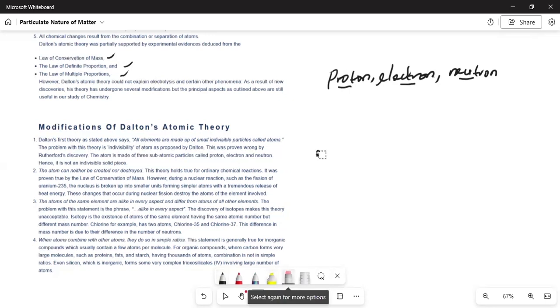When you come to nuclear reactions, that is not true. He also said that atoms of the same element are alike in every aspect. That is not true because of the discovery of isotopes. And then he said that atoms combine in simple ratio. That is true only for inorganic compounds that contain few atoms in a molecule. But when you come to organic compounds, that is not true.